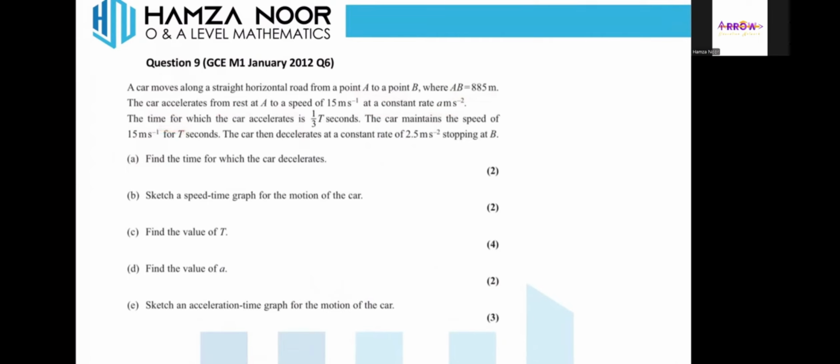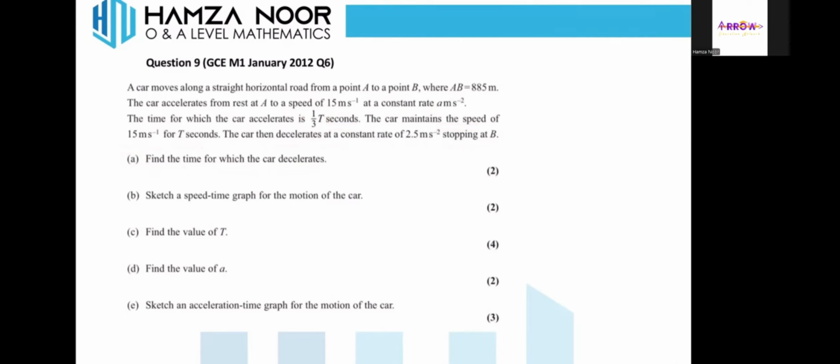The time for which the car accelerates is 1/3 of t seconds. The car maintains the speed of 15 meters per second for t seconds. The car then decelerates at a constant rate of 2.5 meters per second squared, stopping at point B. The requirement of part A is to find the time for which the car decelerates.